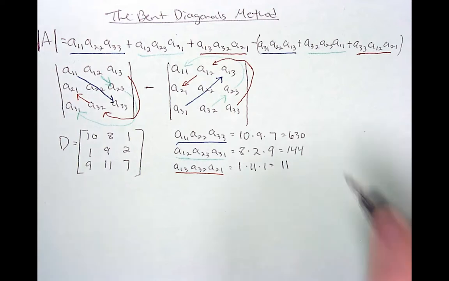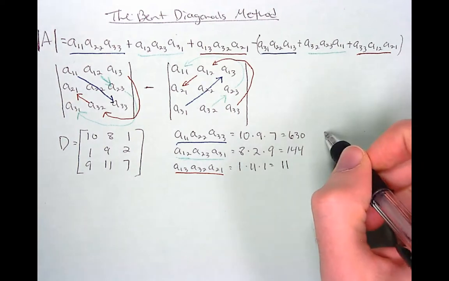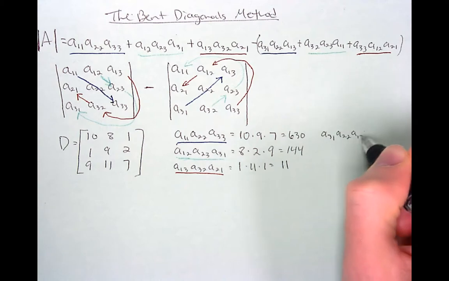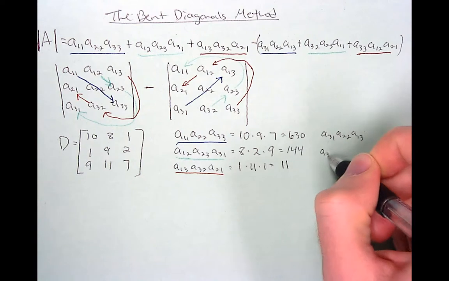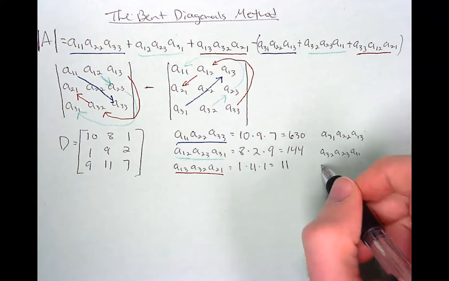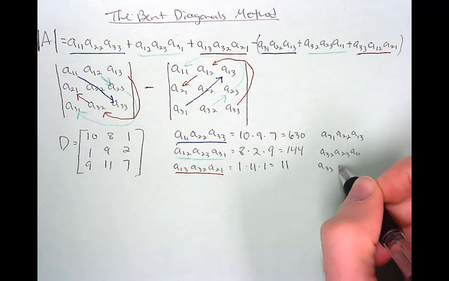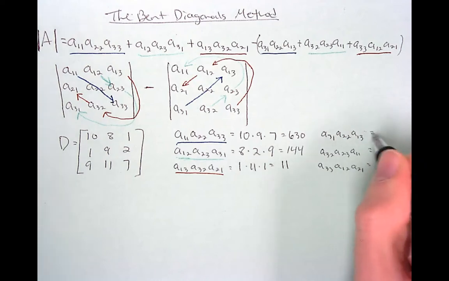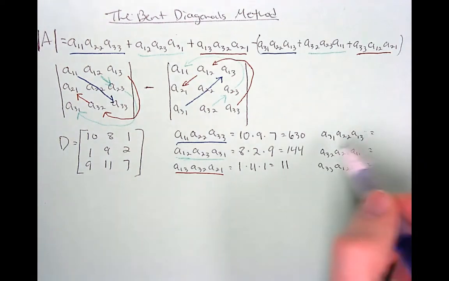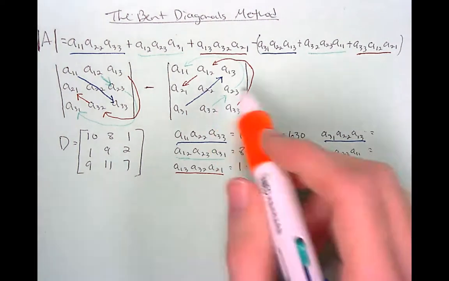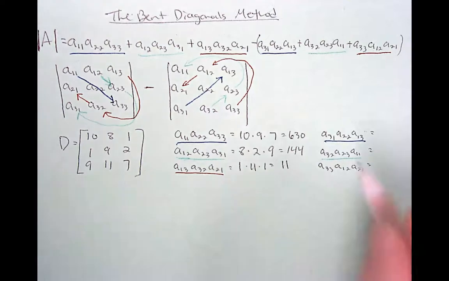Now let's do the negative side. A31, A22, A13. We also have A32, A23, A11, and A33, A12, A21, which we had in blue, green here, and red.